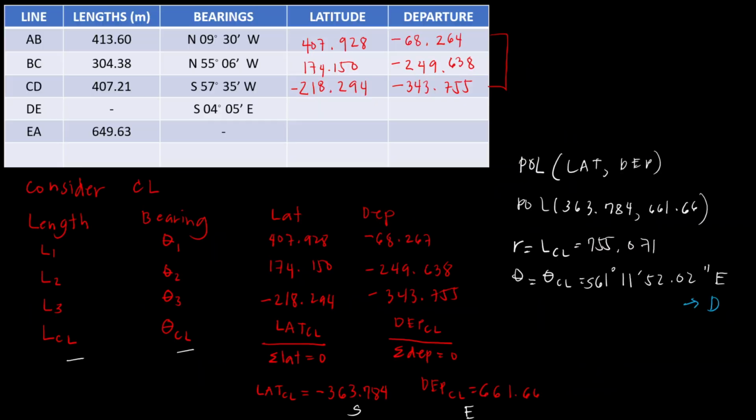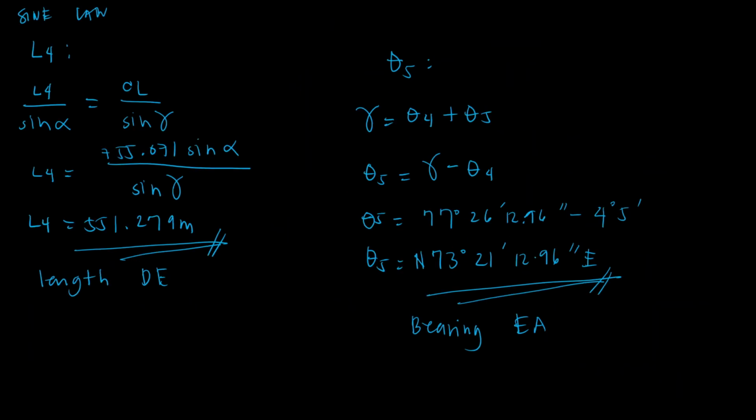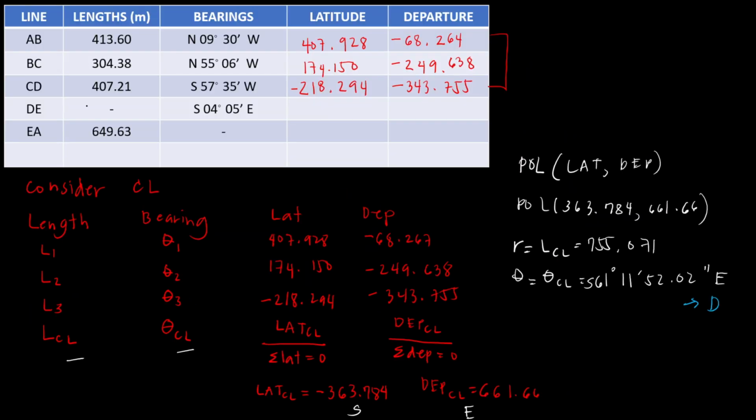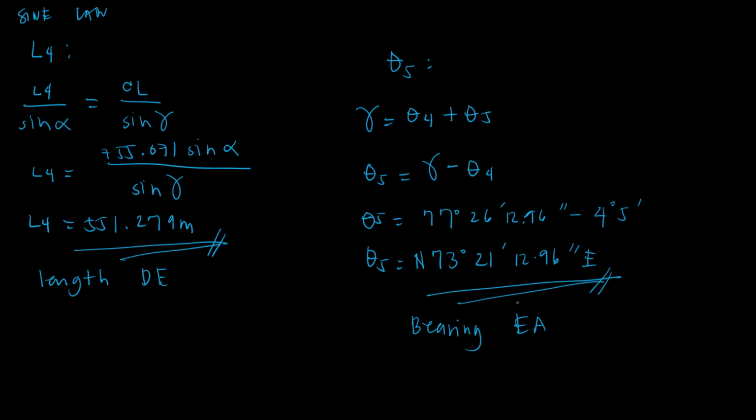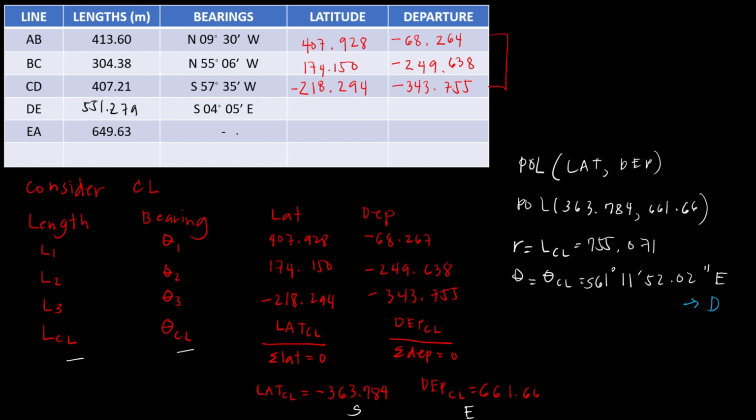So, dito, compute natin. Ilagay natin yung mga nakuha natin. So, una, yung DE. So, that is 551.279. Lagay lang natin 551.279. And then, itong bearing ng AE. So, that is 73 degrees, 21 minutes, and 12.96 seconds northeast.